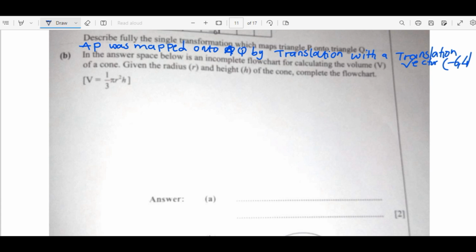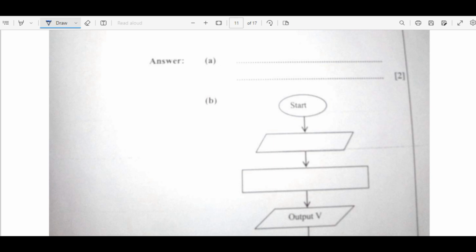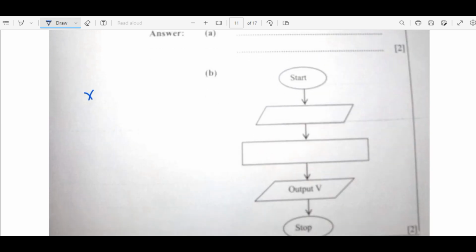In the answer space below is an incomplete flowchart for calculating the volume V of a cone. Given the radius R and height of the cone H, complete the flowchart. The formula is volume is equal to 1/3 times pi times r squared times h.